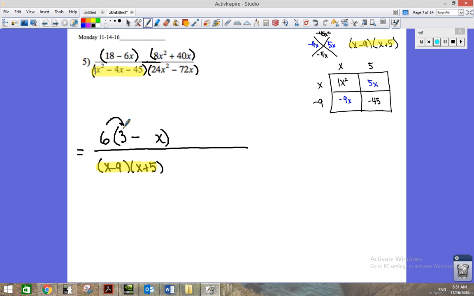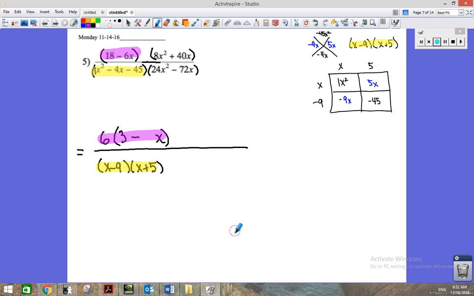So 6 times 3 is 18, but then because of this property, I can jump over that subtraction and multiply 6 times x, and I get 6x. So we can rewrite this 18 minus 6x, we can rewrite this binomial as that product.